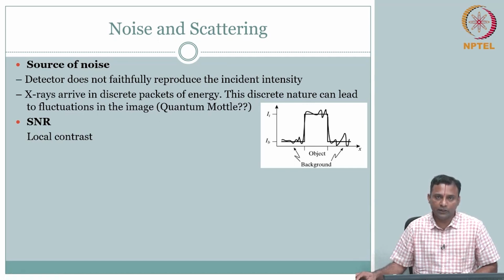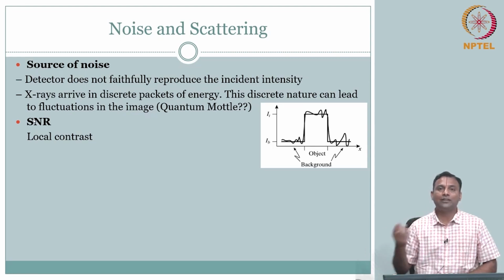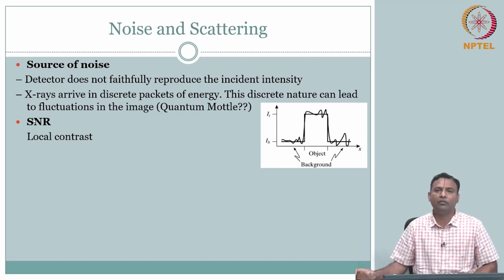When we talk about signal to noise ratio, it is very important you read the material to see how they define signal and what is the source of noise. Everywhere they will use signal to noise ratio, contrast to noise ratio, contrast, you have so many metrics, and the definition for signal to noise ratio could be different. Last time when we used the signal to noise ratio, we just talked about mean to standard deviation, which is a very standard way of doing it.